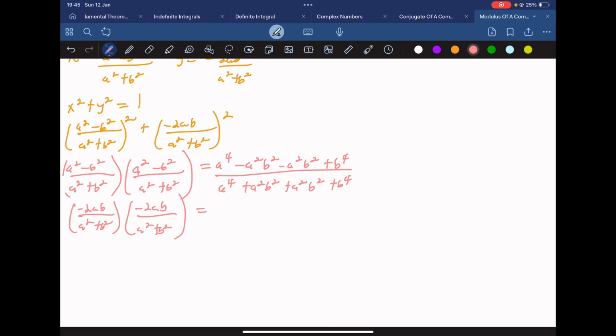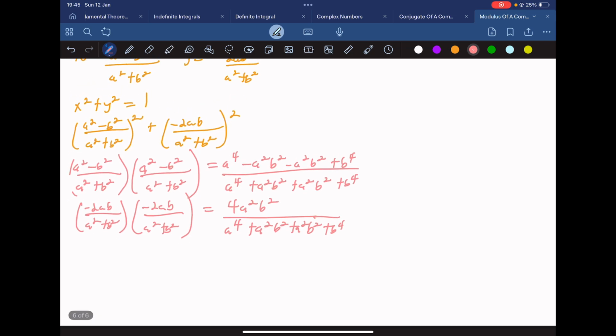So if you multiply these two, this and this, we have positive, remember, positive a squared and b squared. And the denominator just simplifies to what we had over here. So we have a exponent 4 plus a squared b squared plus a squared b squared plus b4. So this thing really takes time, so you really have to pay attention when you are doing it.